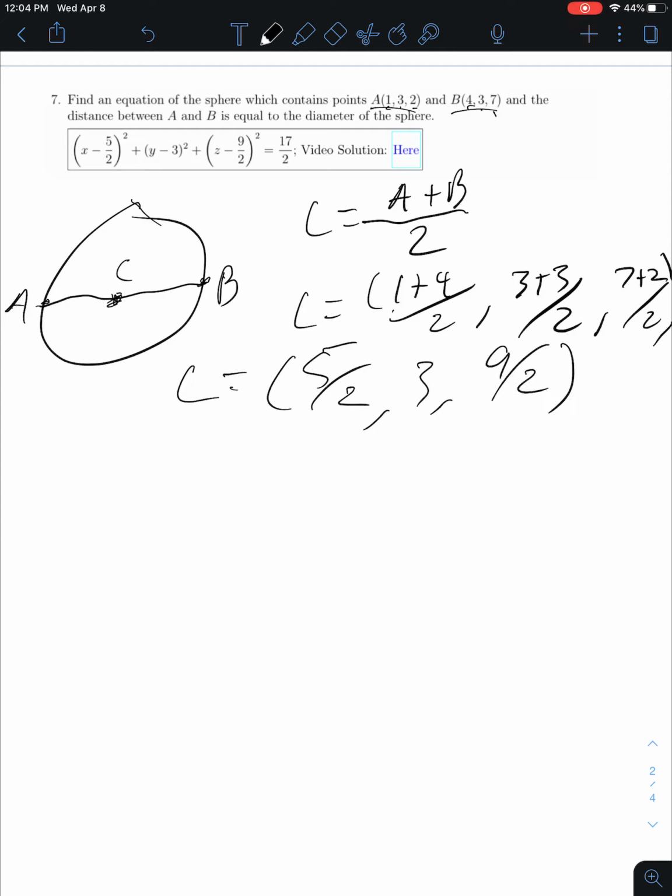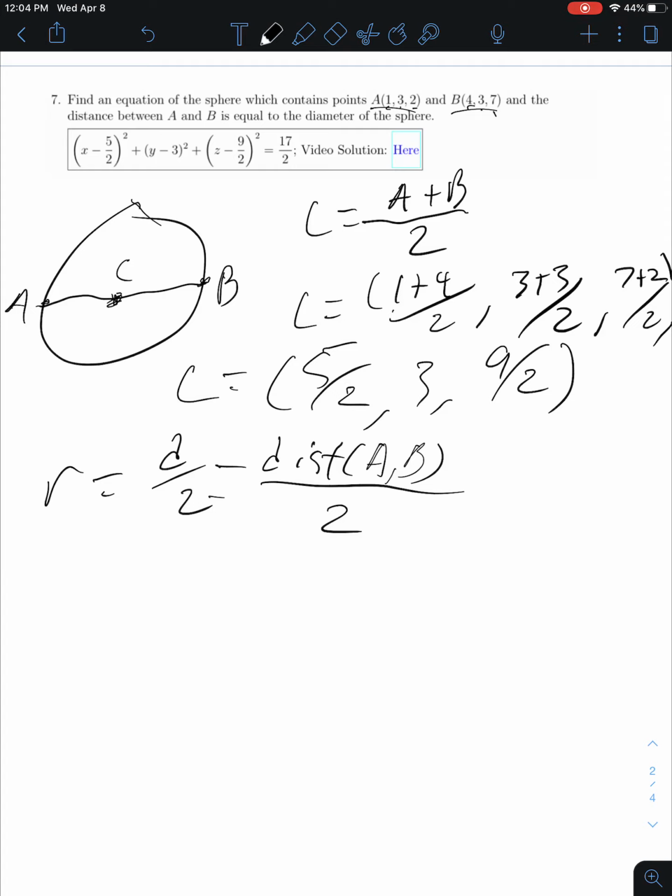Now we're going to look at the radius. That's going to be equal to the diameter divided by 2. And the diameter is going to be equal to the distance between A and B, so then we just divide that again by 2 to get the radius.